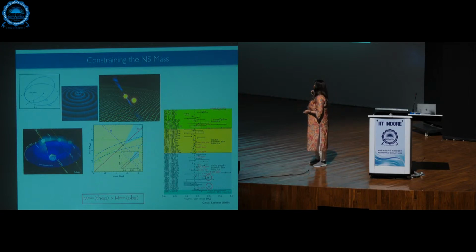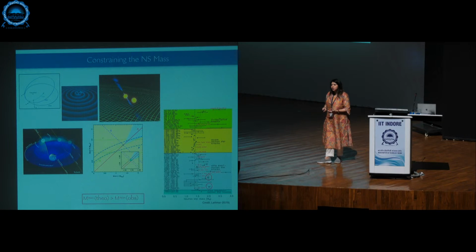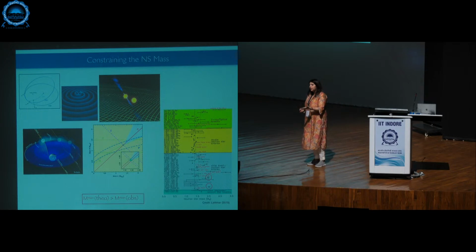They tell us, very accurately, the masses from such systems. So for all neutron stars in binaries, here is a compilation of the masses that were measured. Typically these large neutron star masses can give us some information about which equations of state can actually explain such observations.